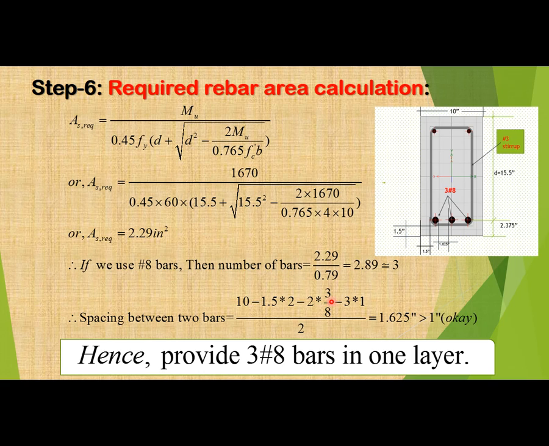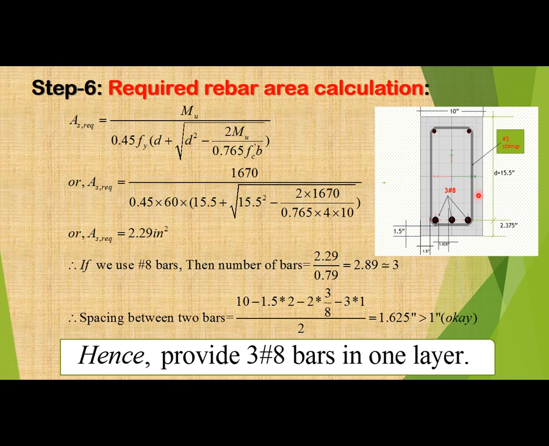We know that the width of number 1 equals 1 by 8 inch, so number 3 is 3 divided by 8, which is the width of one leg of the stirrup. Since there are two legs of a stirrup, so 2 times 3 by 8, and 3 bars. You know that the diameter of a number 8 bar equals 1 inch. So 3 times 1 inch, and the clear cover on two sides. You know that for a beam the clear cover is 1.5 inch for each side.